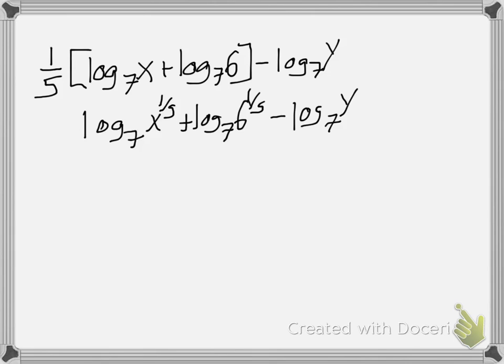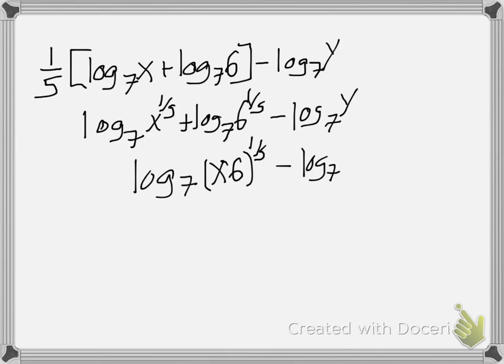Now, let's combine these things. If I have a plus here, that means that I am multiplying. So these two turn into log base 7 of x times 6 to the 1/5 power, or x times 6 to the 1/5, minus log base 7 of y.